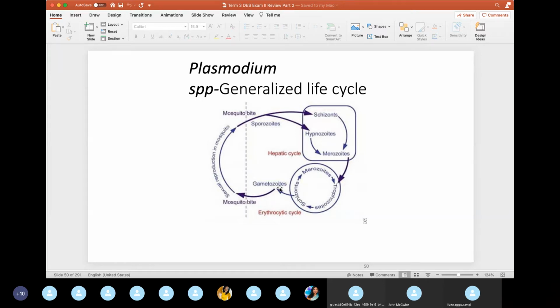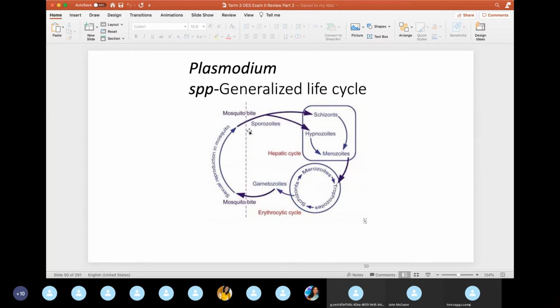Okay, so what's the high yield point here? Plasmodium via mosquito bite, female Anopheles mosquito, infective form, sporozoites. In the liver, it becomes what? Merozoites. This is also the infective form for your red blood cells, the merozoites. And after replication in the RBC, it becomes what?